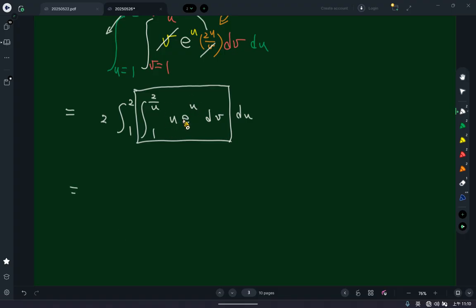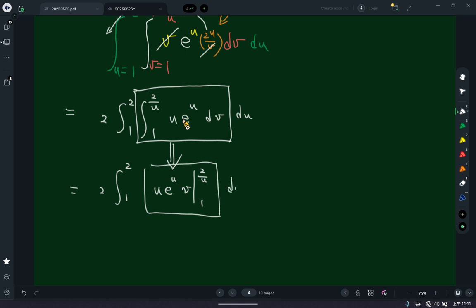So after that, we can have 2, integral from 1 to 2, then for this part it will be u times e to the power of u v, evaluated from 1 to 2 over u, then du.